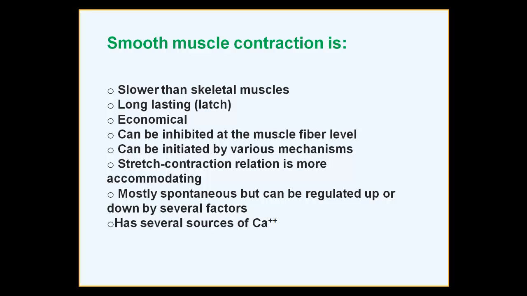It can block the calcium release. It can activate the phosphatase, and therefore you can indeed inhibit the interaction between the myosin and the actin filaments. So you can inhibit it. That's unlike what we saw before with the skeletal muscle fiber.